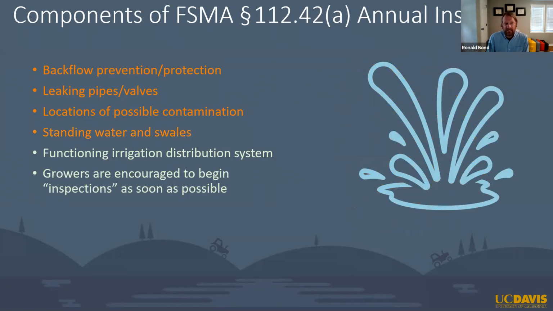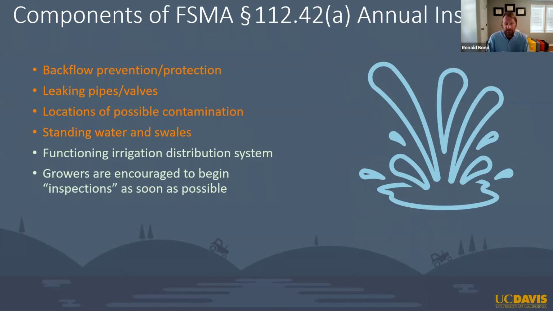This is a big one, standing water and swales. So it's not intuitive that if you're driving down a farm road and water is splashing onto the crop, that's a problem, because these are disturbed constantly by moving vehicles or whatever is going through the road, or down your furrows or something like that, because turbidity is a big problem.